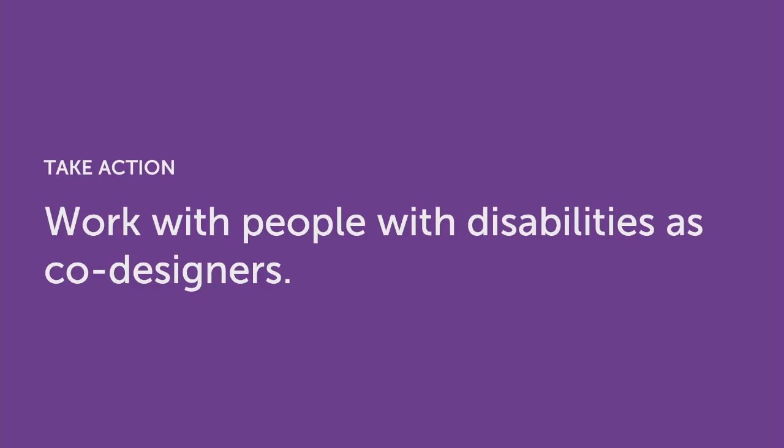And I don't just mean work with one person with a disability that you happen to know and work with already. Like, let's broaden this out, right? Notice that people is a plural, right? Let's not work with a person with disabilities as a co-designer or a participant in the design process. We need to include multiple people with all kinds of different perspectives.